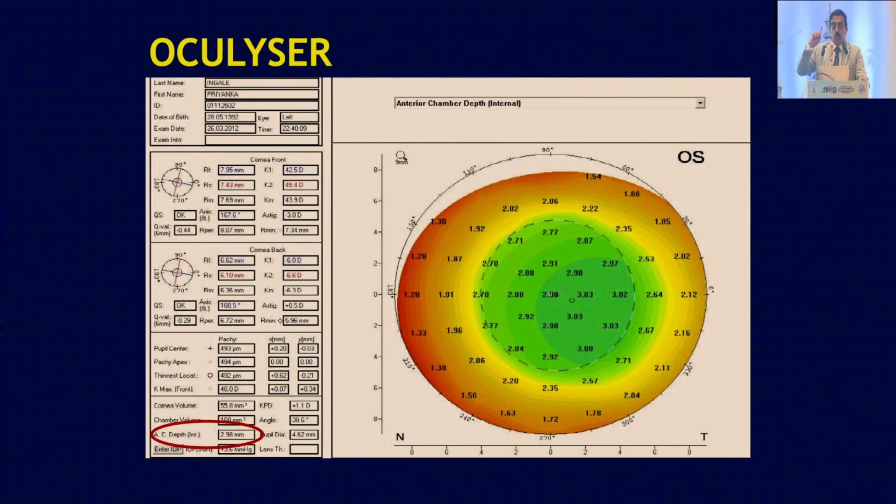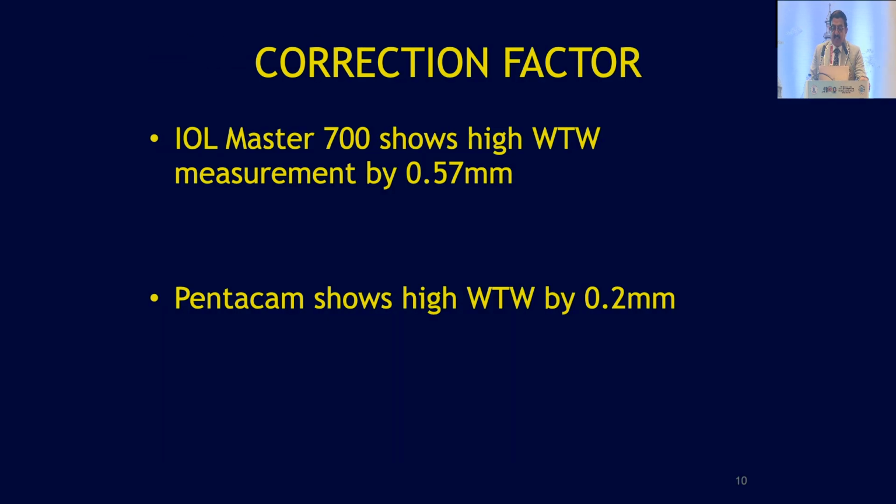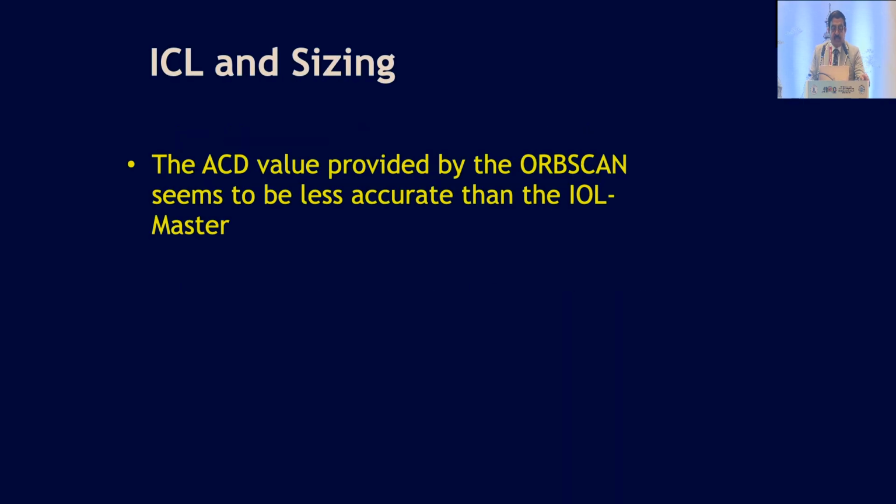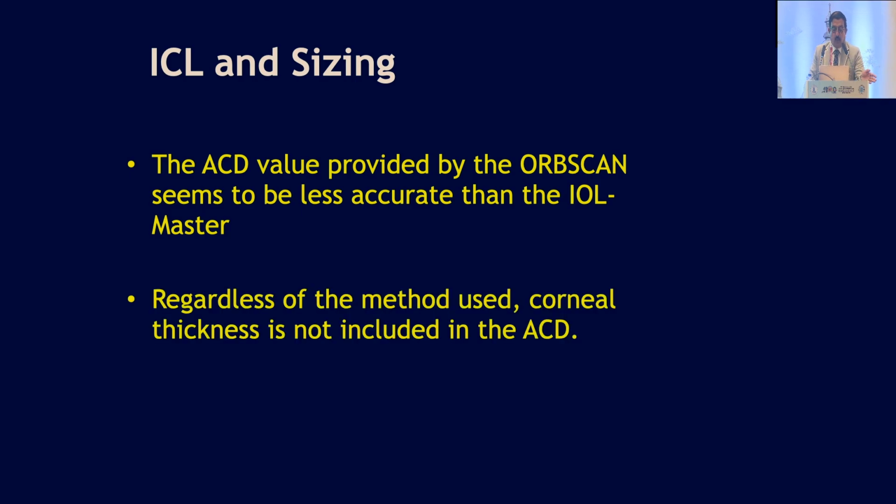However, what we will do is we will remember that there is this particular difference of about 0.6 to 0.7 millimeters between the digital caliper and the IOL master, and that should be as consistent as possible. So it actually gives 0.57; 0.6 to 0.7 is what you can take, and the Pentacam shows a high by 0.2 millimeters.